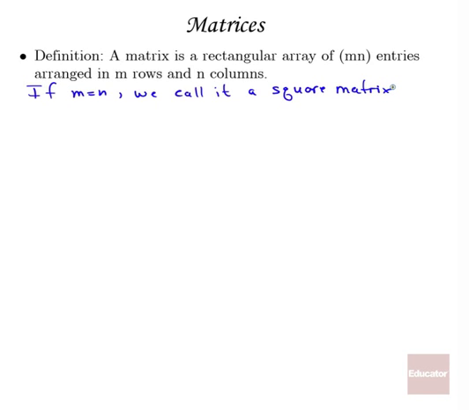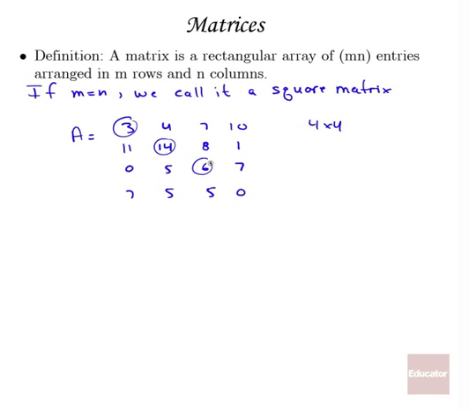So something like A equals 3, 4, 7, 10, 11, 14, 8, 1, 0, 5, 6, 7, 7, 6, 5, 0. So this is 4 this way, 4 this way. This is a 4 by 4 matrix. It is a square matrix.